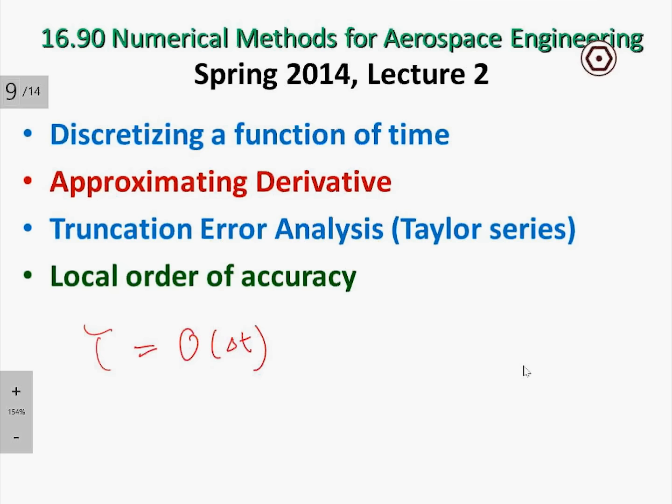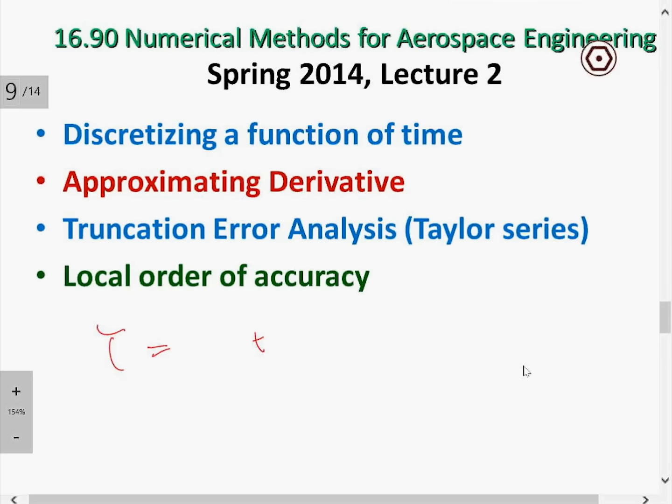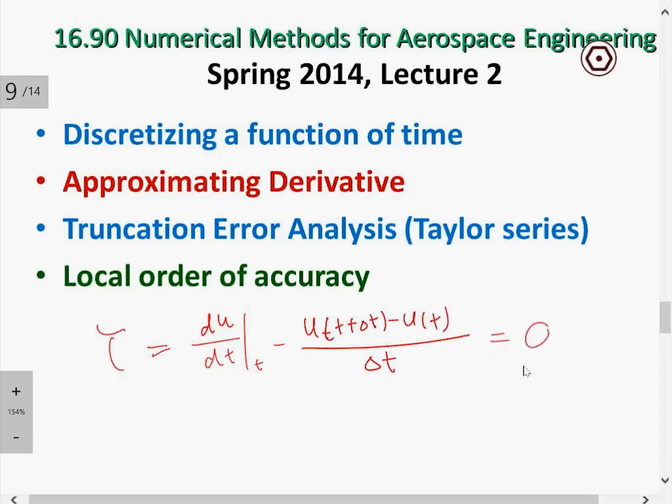So tau in forward Euler is df dt at t, let me call it u because it's more consistent with the notes, minus u at t plus delta t minus u at t, divided by delta t. This is O of delta t for forward Euler.